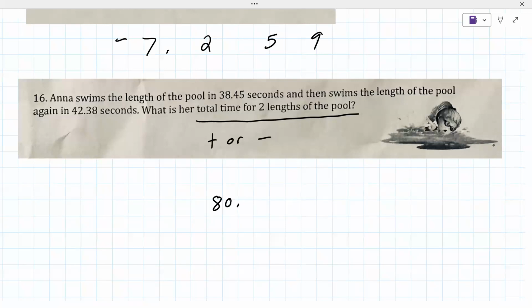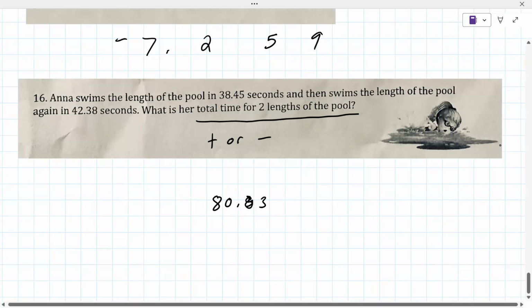And then this one needs units. What are the units of the answer? Seconds.